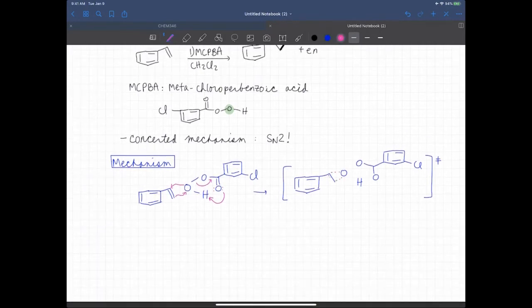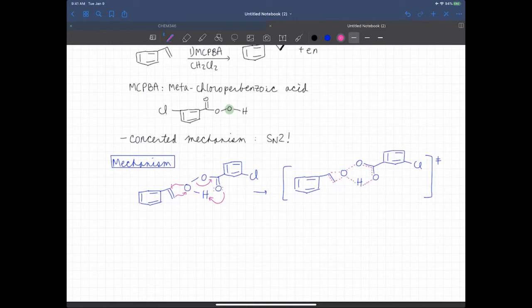Because I'm making this bond and I'm breaking the double bond here. I was breaking this bond off and breaking this bond off here, right? At the same time, this oxygen now, where I'm drawing from, is going to create a bond with the hydrogen there, as the hydrogen's bond to the original oxygen is broken.